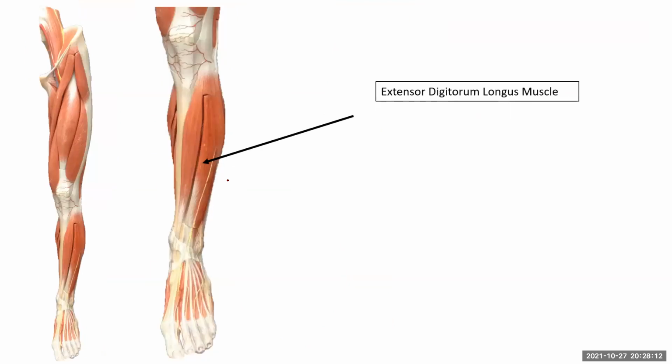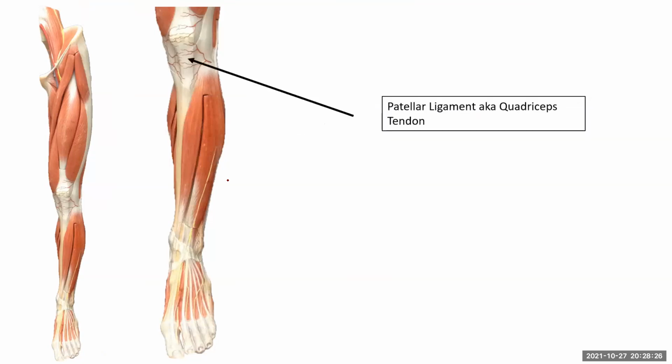And then back to the anterior compartment, we've got Extensor Digitorum Longus. And then last but not least, the patellar ligaments, right? Also known as the quadriceps tendon.